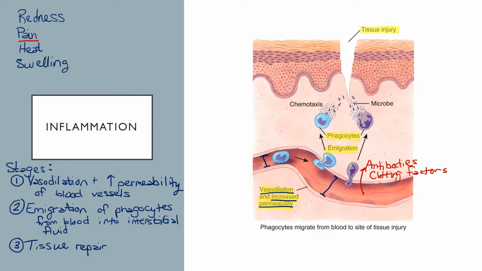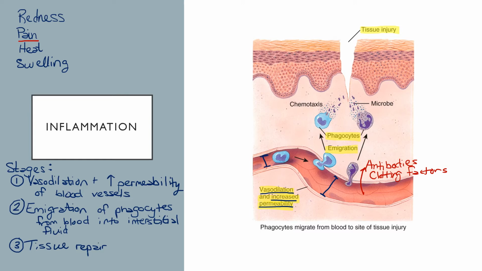Within an hour after the inflammation process starts, the phagocytes will appear on the scene. So as large amounts of blood accumulate, the neutrophils will begin to stick to the inner surface of the endothelium of the blood vessels.